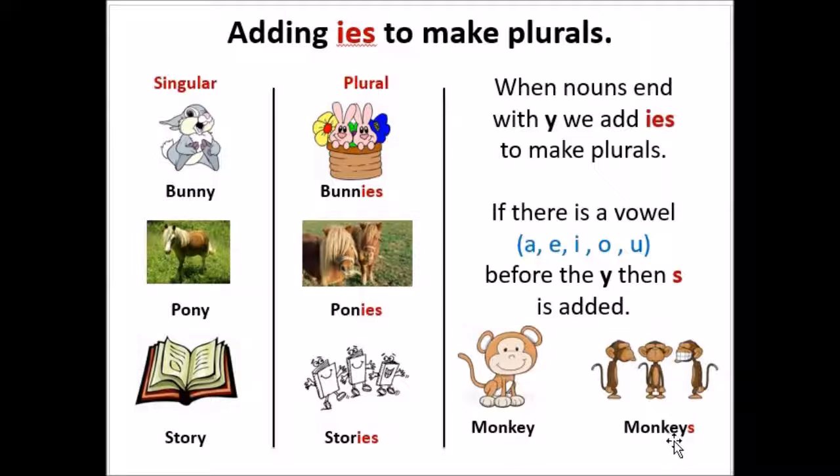Because there's an E before the letter Y, we don't remove the Y. We keep it and just add an S. I remember my teacher used to say having a vowel before a Y makes the Y tough. It makes it stronger, so you can't remove it. So all you can do is just add S at the end. Could you think of other examples where this happens?